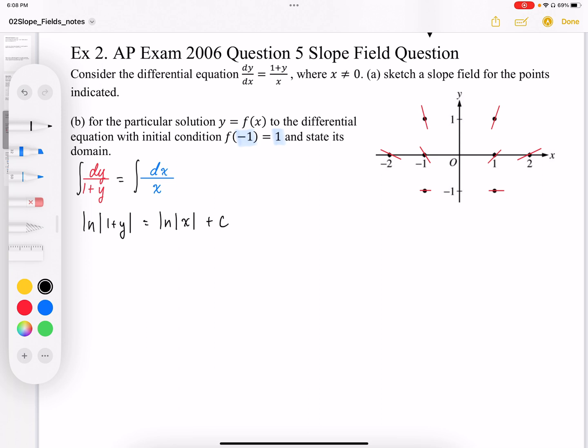Okay, so I want to solve for that plus c, but I can put the plus c together with the log x, and I can do it in this way. Now, we can still solve for plus c on the outside, but at some point, we need to get rid of the logs. And to get rid of the logs, we can't have that plus c.